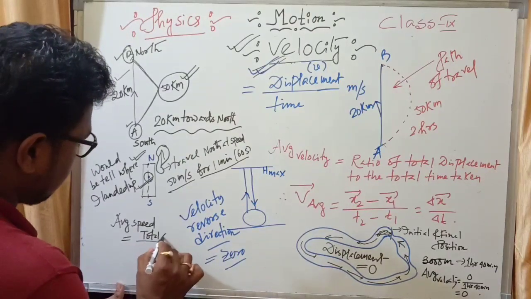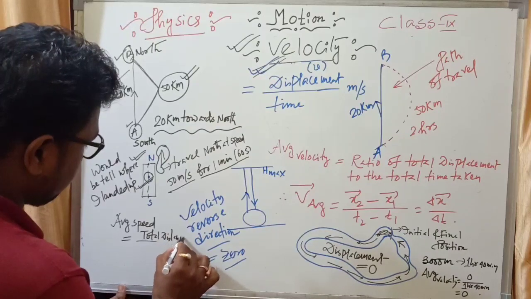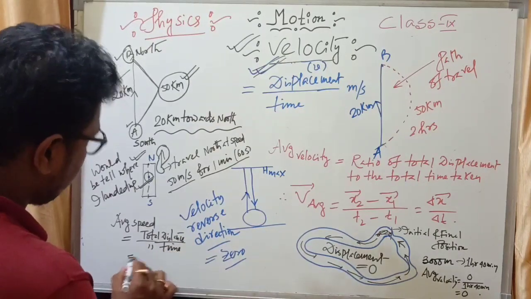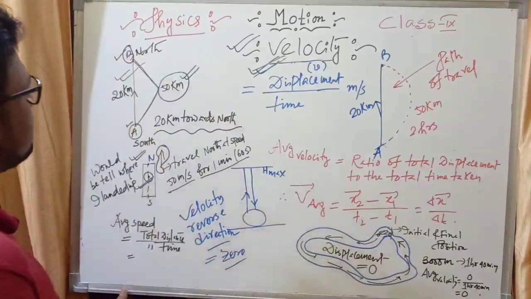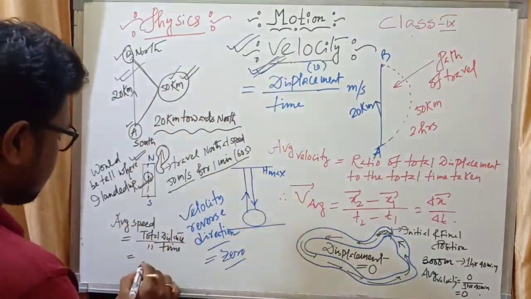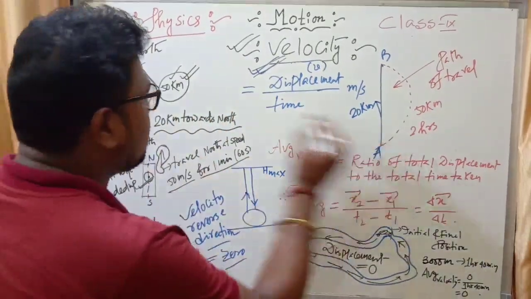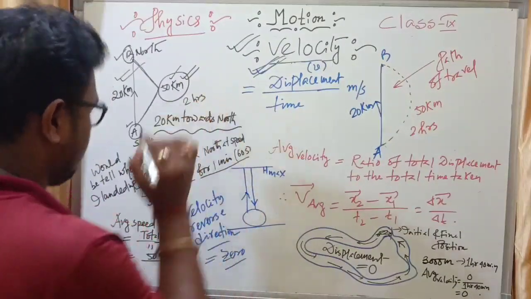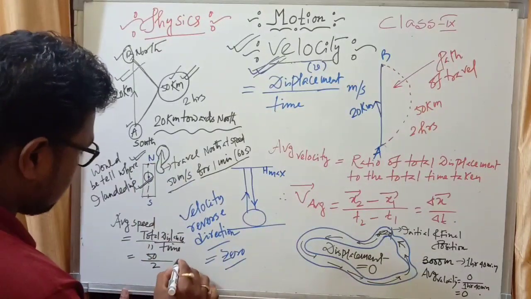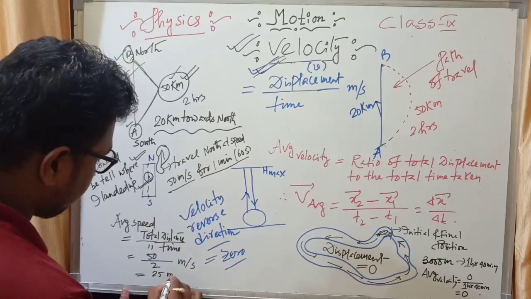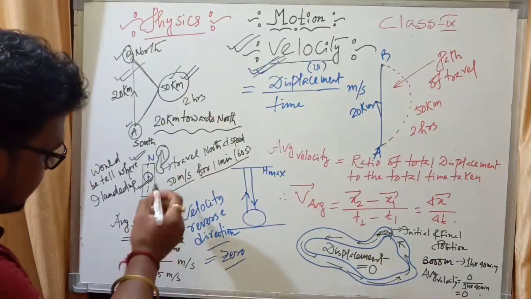Total distance by total time taken. If you consider this diagram, here total distance is how much? 50. Time how much? Say for example 2 hours is given. Divided by 2, that means 25 meter per second.